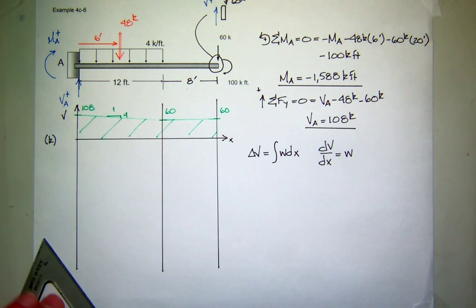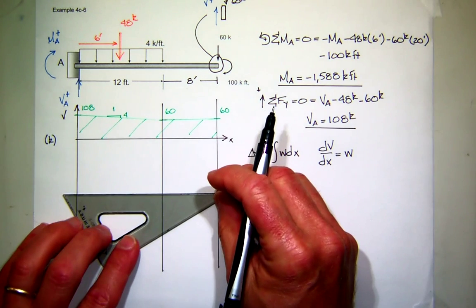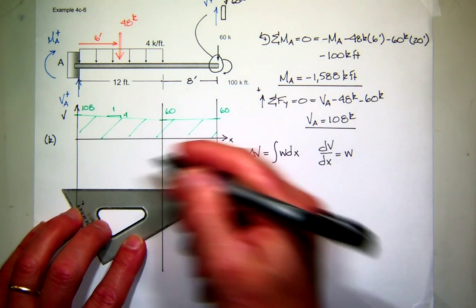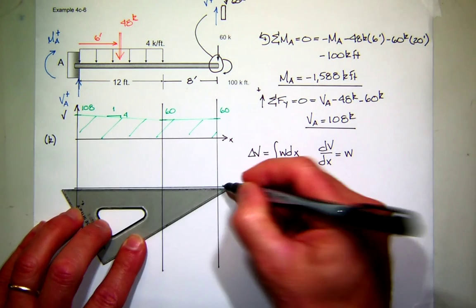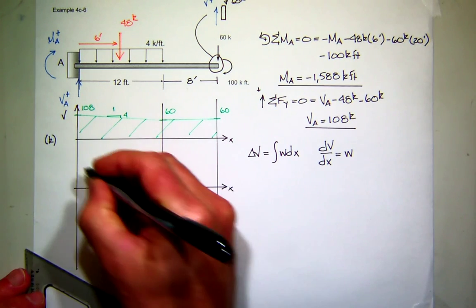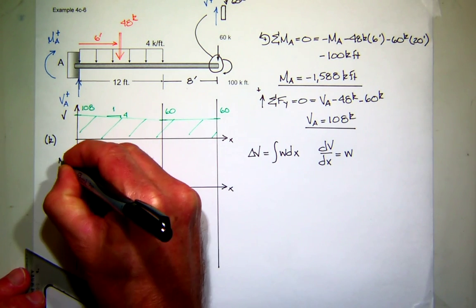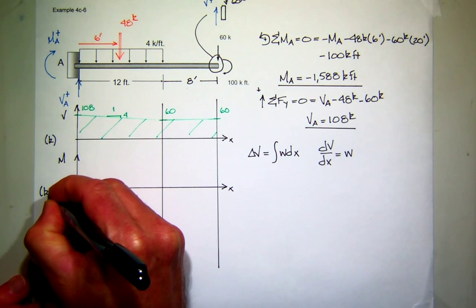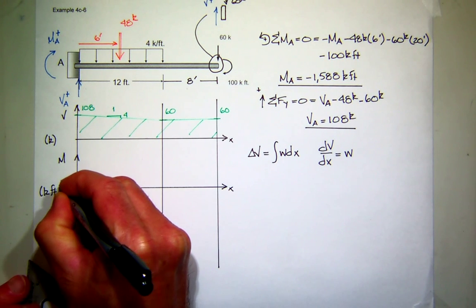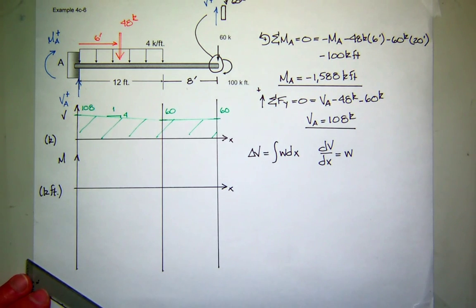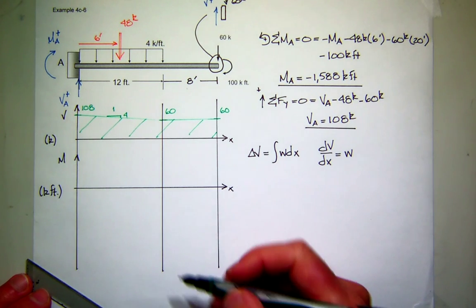Okay, let's do the moment diagram. So here's my positive x-axis for the moment diagram. And our units for moment will be kips and feet. What is the bending moment at A?